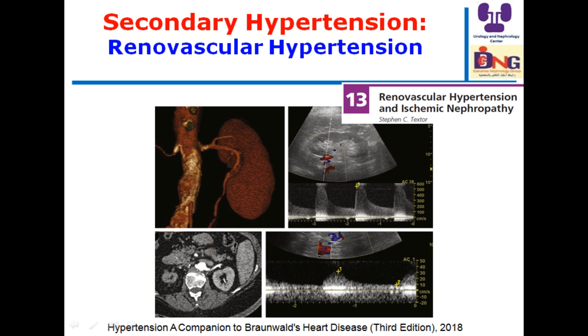Importantly, renogram sensitivity and specificity decrease with decline in renal function, especially for patients who have serum creatinine greater than 2 milligram per deciliter. As a result, renography is less commonly used in the current era and has value primarily to evaluate the relative function of each kidney before considering therapeutic nephrectomy.